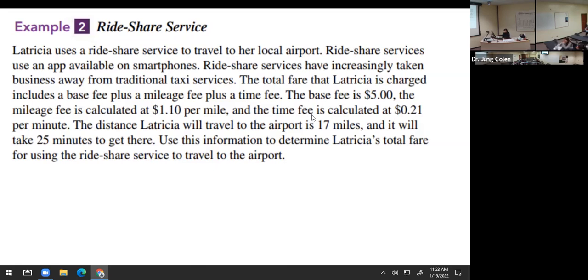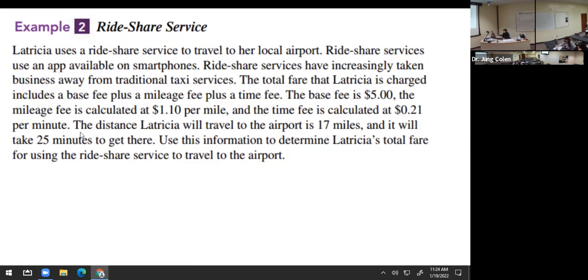It is also important, right? But we need to write it down too. Time fee is calculated at 21 cents per minute. So 1 minute, you pay 21 cents. For 10 minutes, how much? If you write it for 10 minutes, $2.10, right? So you multiply that by 10, okay? So those are important information.